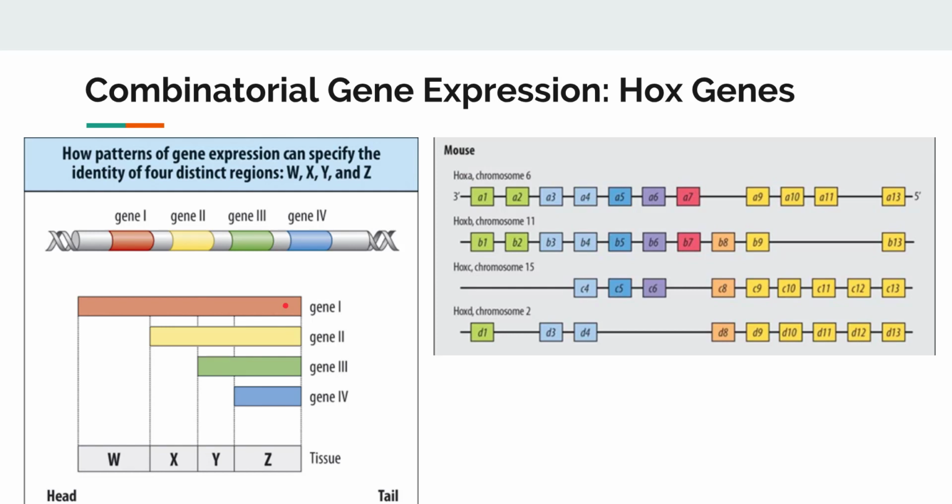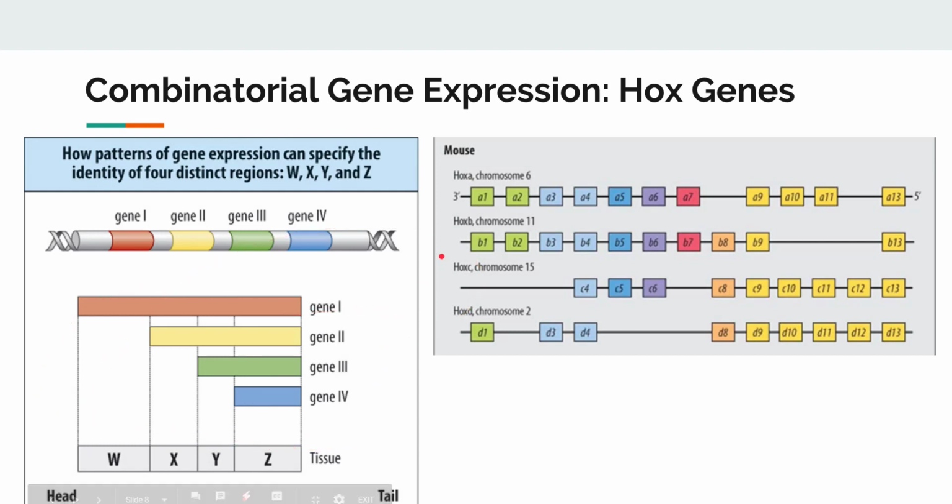So if genes 1, 2, 3, and 4 are expressed, you'll get tissue Z. If you only have genes 1, 2, and 3 expressed, you might see tissue Y. If you have genes 1 and 2 expressed, you'll see tissue X, sorry. And if you only have gene 1 expressed, then you'll only get tissue W, okay? But all of these tissues are specified via these same 4 genes, okay?